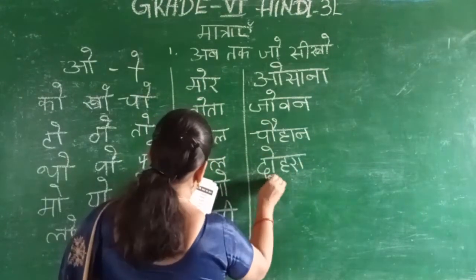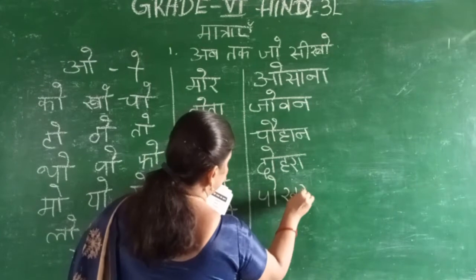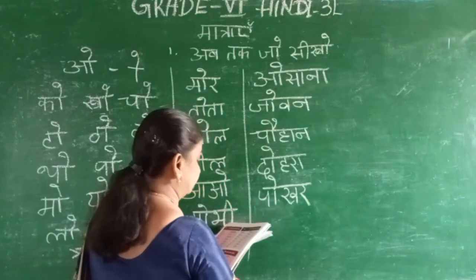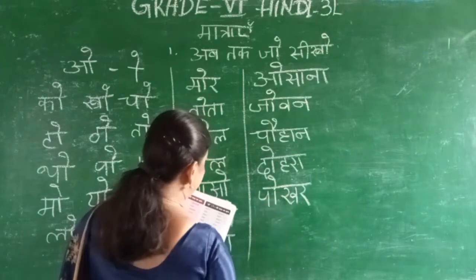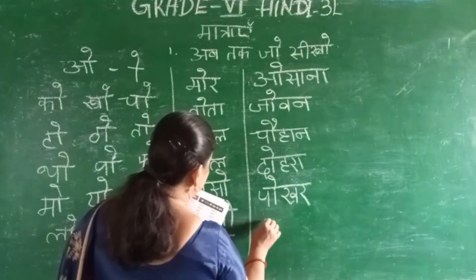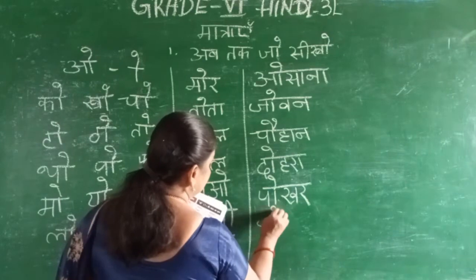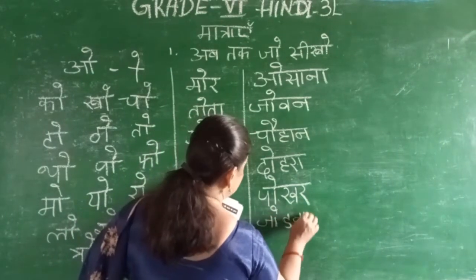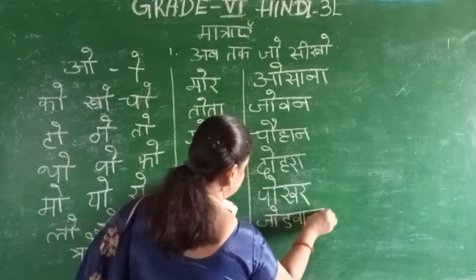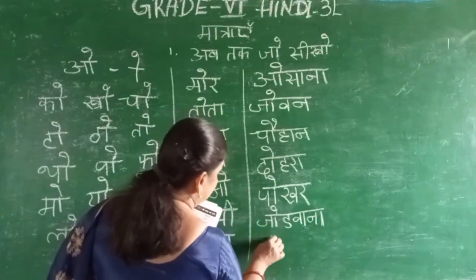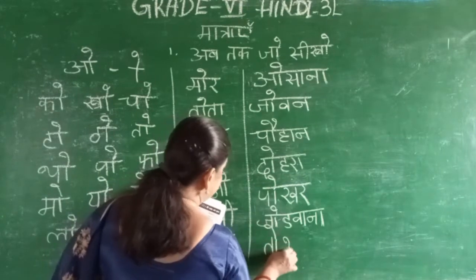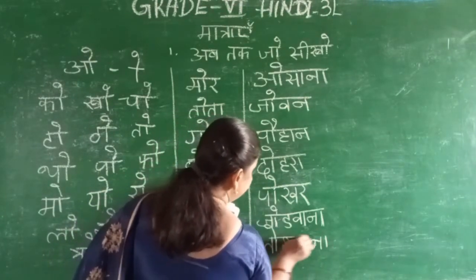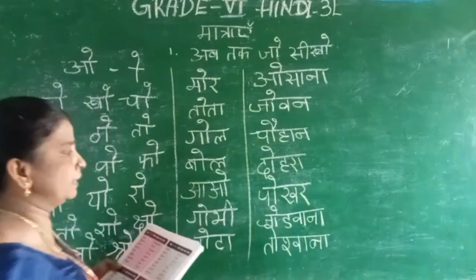And poker. Next, now four letter words. You see, Jodwana. Ishwana. Dear children, only a few words I am going to write here.